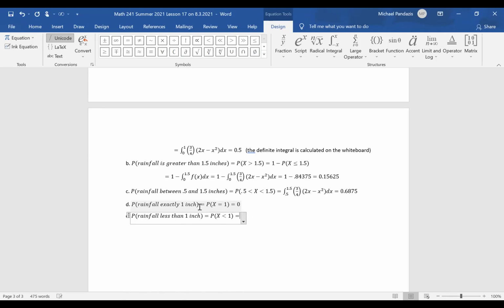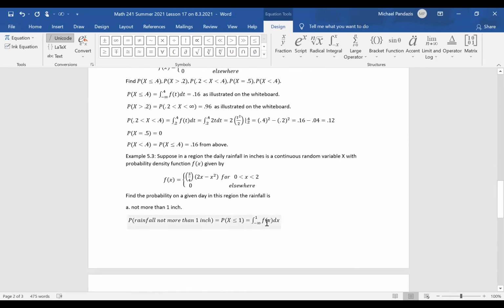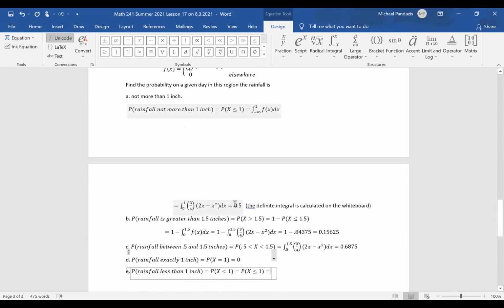And the probability that capital X is less than 1 is the same as the probability that capital X is less than or equal to 1. And this is equal to what we found earlier. We found that at most 1 inch, this was equal to 0.5.